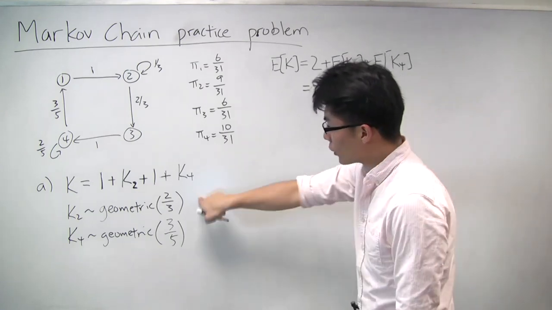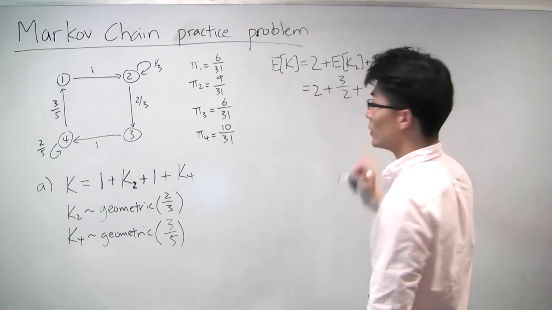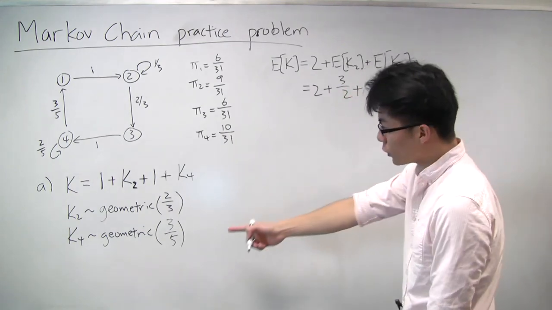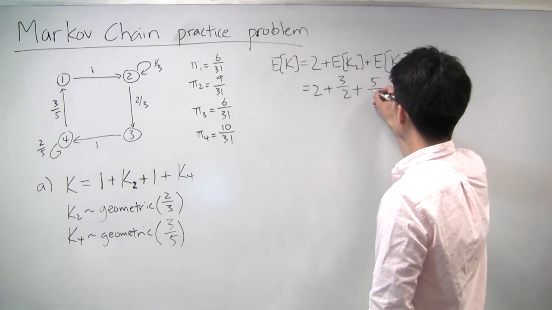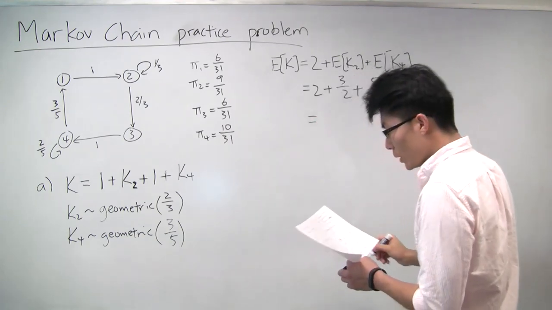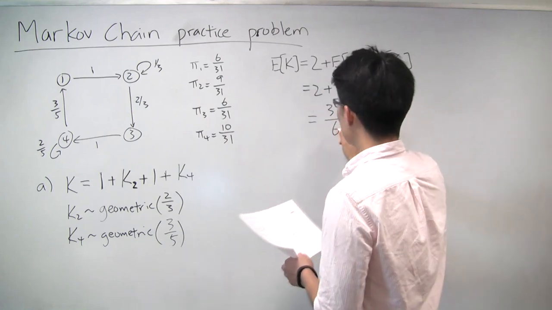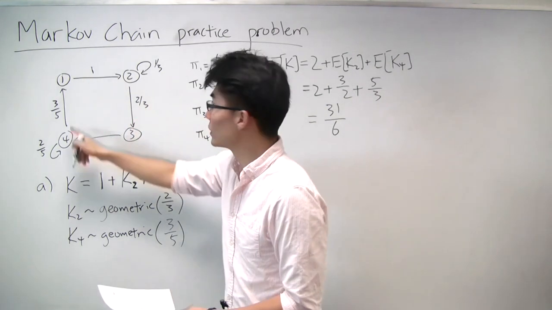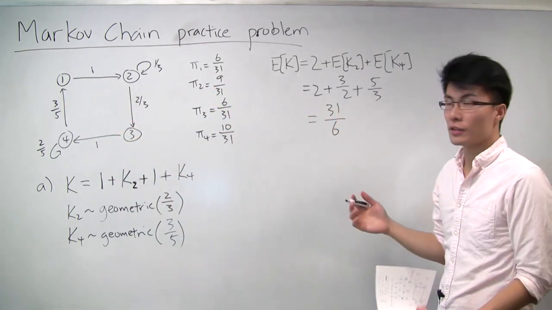So 1 over 2/3 is 3/2 for k2. And 1 over 3/5 is 5/3. And so the total number of transitions on average it'll take to do 1 loop is 31 over 6, which is a little over 5 transitions.